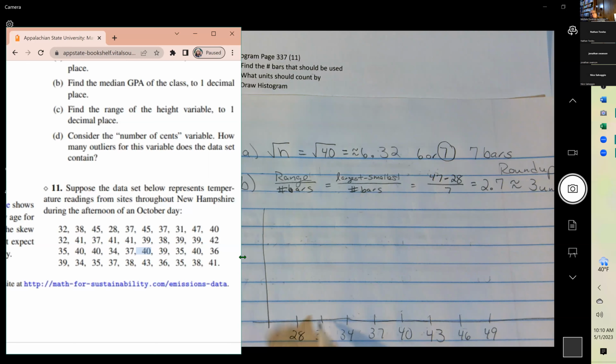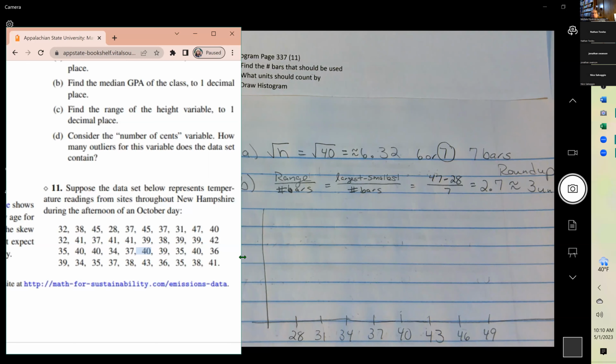Now for the first bar, we go from 28 up to, but not including 31. So we want to find all of them that are 28 up to, but not including 31. So 28, 31.